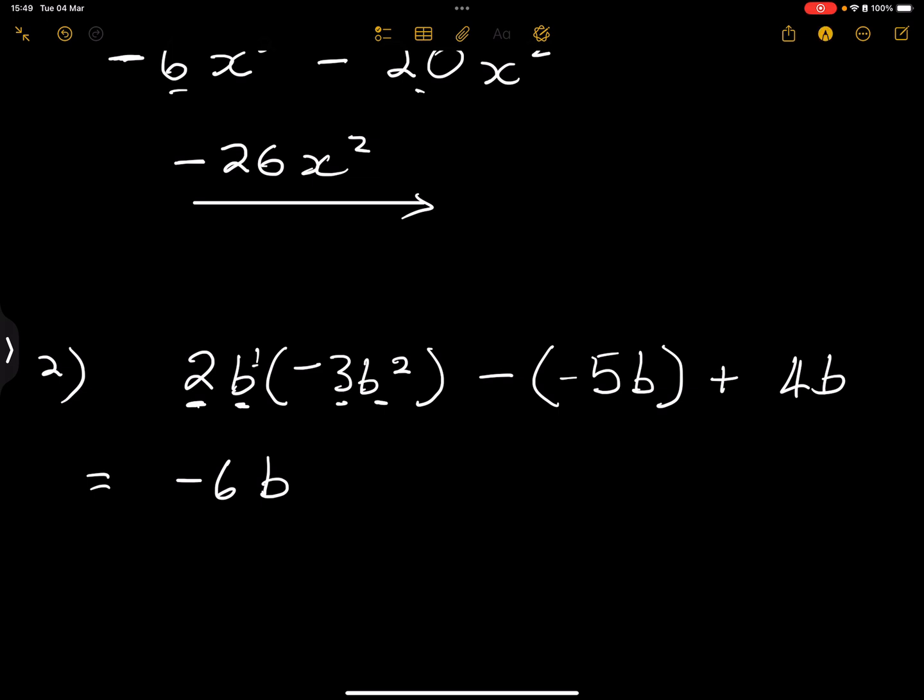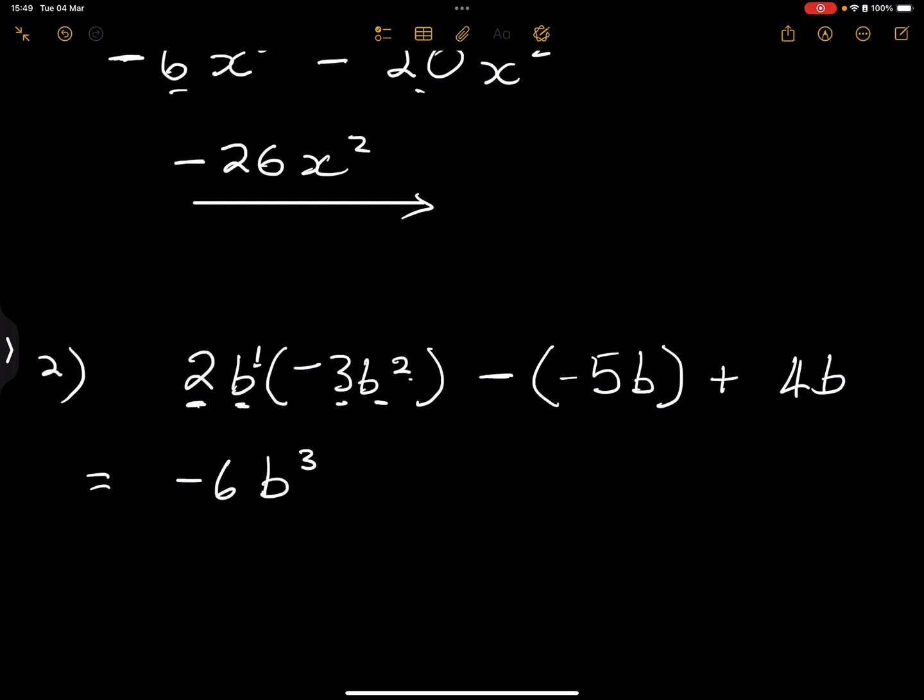So I'm going to add 1 plus the 2 there, and that will give me 3. Remember, when we have no number there, it means that there is an invisible 1. So in this case, we've got b cubed because 1 plus 2 gives us 3.